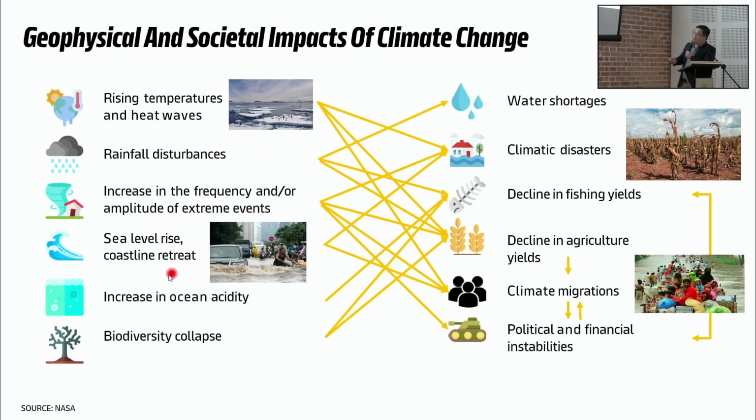Sea level is rising, right? Oceans become more acidic, coral reefs are dying, and biodiversity collapses. And all this is causing what? Water shortages, decline in fishing yields, agricultural yields declining, migrations, and of course political and financial instability and insecurities, war perhaps. So these are some of the extreme scenarios that we're projecting. Not that it is happening, but some are slowly progressing in that direction already.